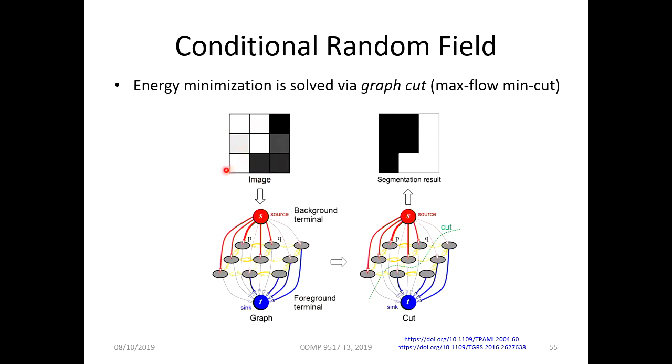So if this would be my image, and these are now simple pixels, but they could also be the superpixels, whatever, you make a graph representation of that image. You define a source node, which corresponds to the background, and a sink node, which corresponds to the foreground.